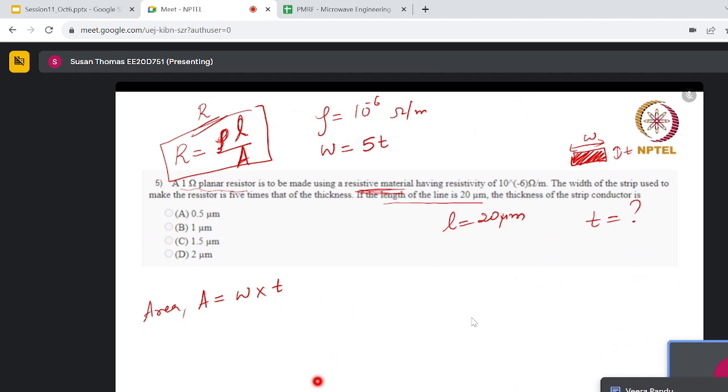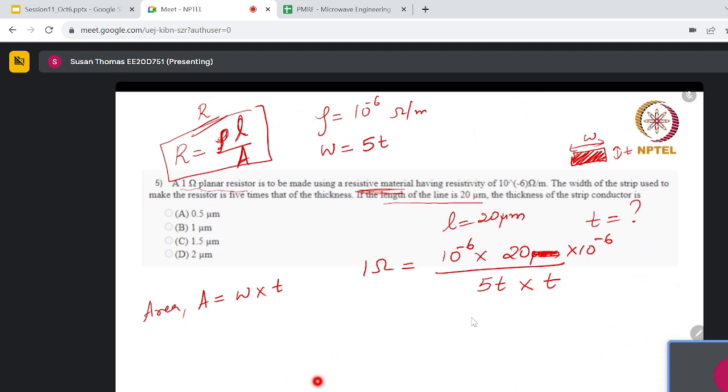Let's try to realize a 1 ohm resistor. So 1 ohm is equal to 10 power minus 6 multiplied by the length of the line, 20 micrometer, divided by the area, which is width into thickness. Width is 5 times the thickness, so width into thickness again. Micrometer we replace by 10 power minus 6.